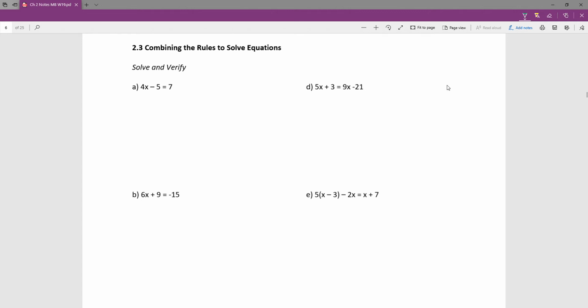I know it feels like a lot as you're combining these rules, but let's take a look at 2.3. So 2.3, no notes, kind of winding this one up. It's really just what we've been doing so far in chapter 2. I would start by picking on the x terms in this, but I only have one x term. So the next thing I'm going to do is try and get the x's all by themselves and the whole numbers all by themselves.